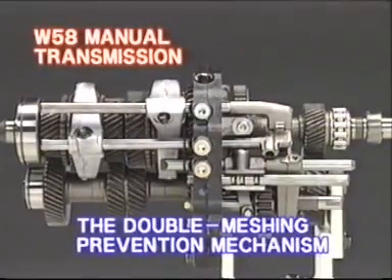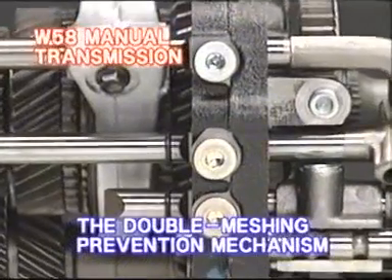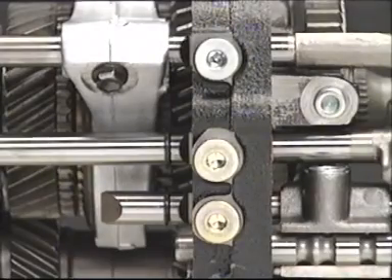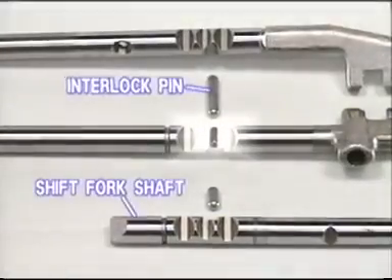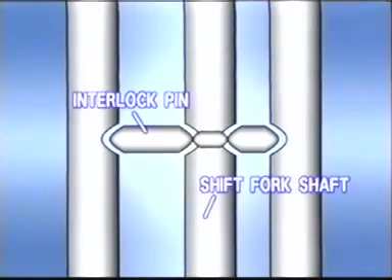Here is an explanation of the double meshing prevention mechanism of W58, whose inside construction we usually cannot see. The central shaft has two slots, and each of the two other shafts has one slot. An interlock pin is inserted between the two slots facing each other.